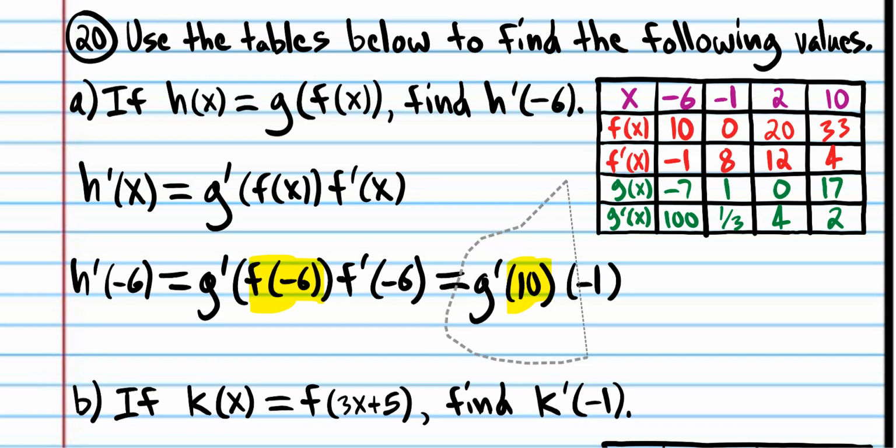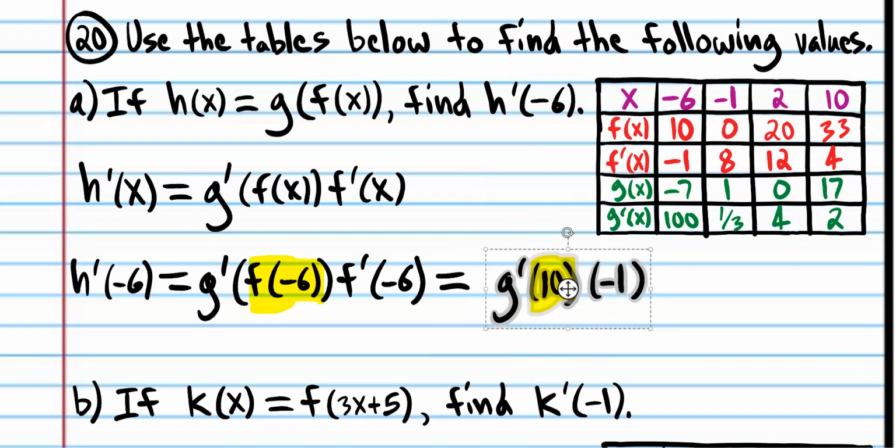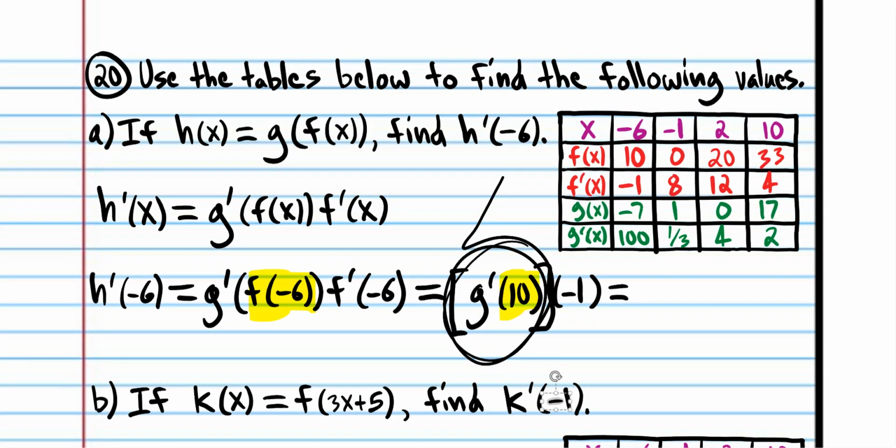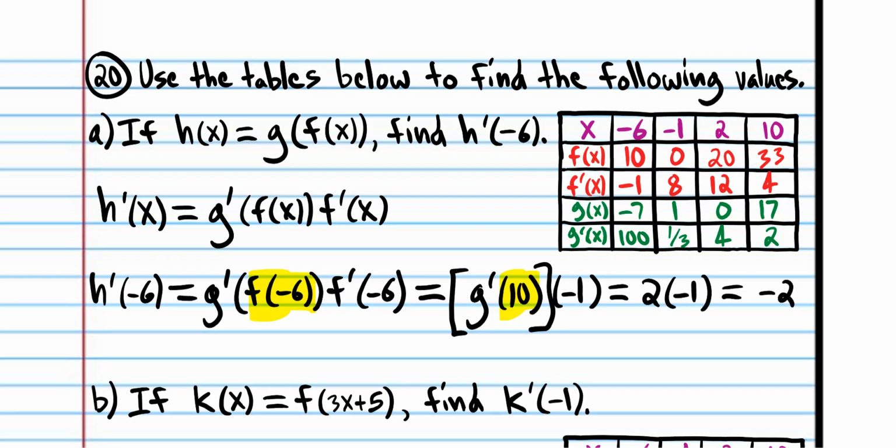And maybe we should use brackets there. You don't have to, but it helps to see. g prime of 10. If x is 10, then what is g prime? That's 2. So we have 2 times -1, and we get -2.